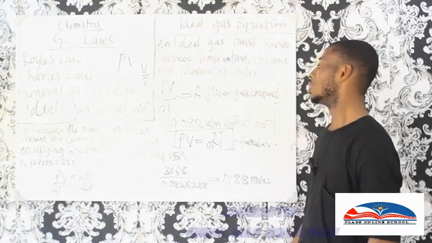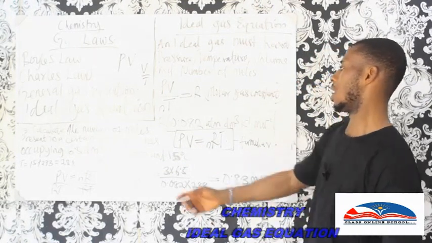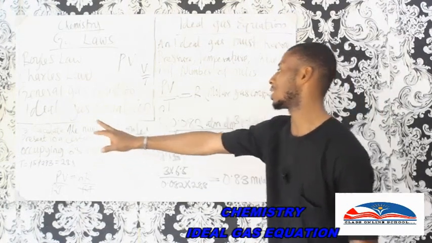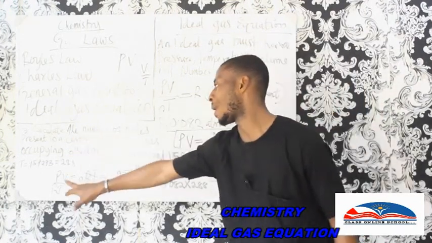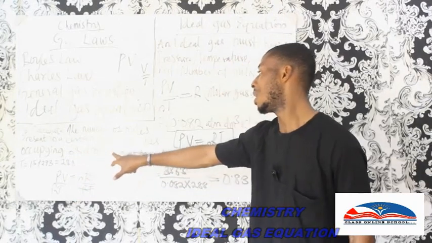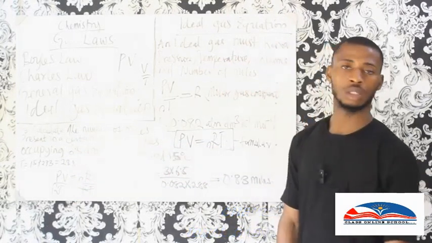They may also say, calculate the number of moles present in a certain mass of gas occupying 6.5 dm³ at STP.